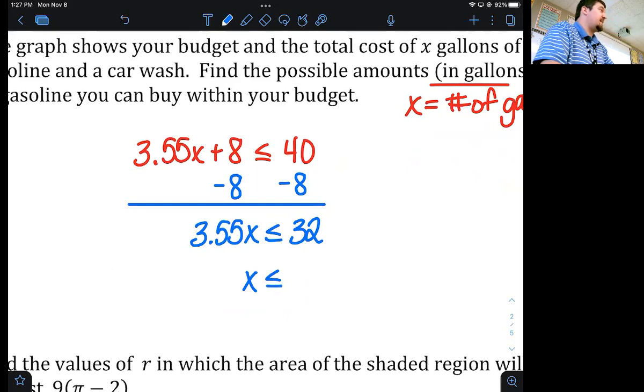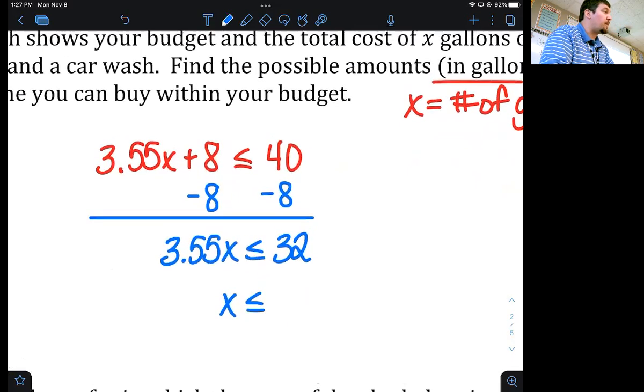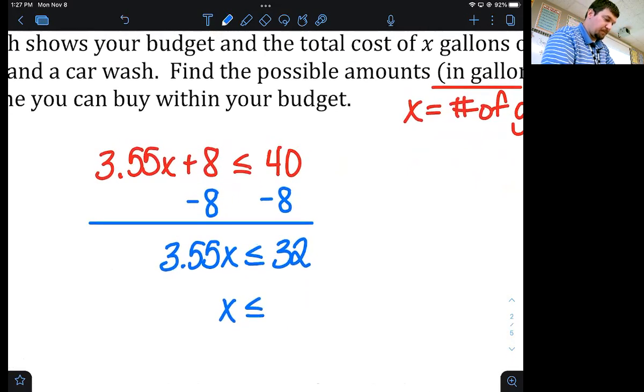Your calculator says it's a big decimal. What does it say? Let's round to 2 decimal places. 9.01. So roughly 9, but we'll say 9.01, and that was gallons.